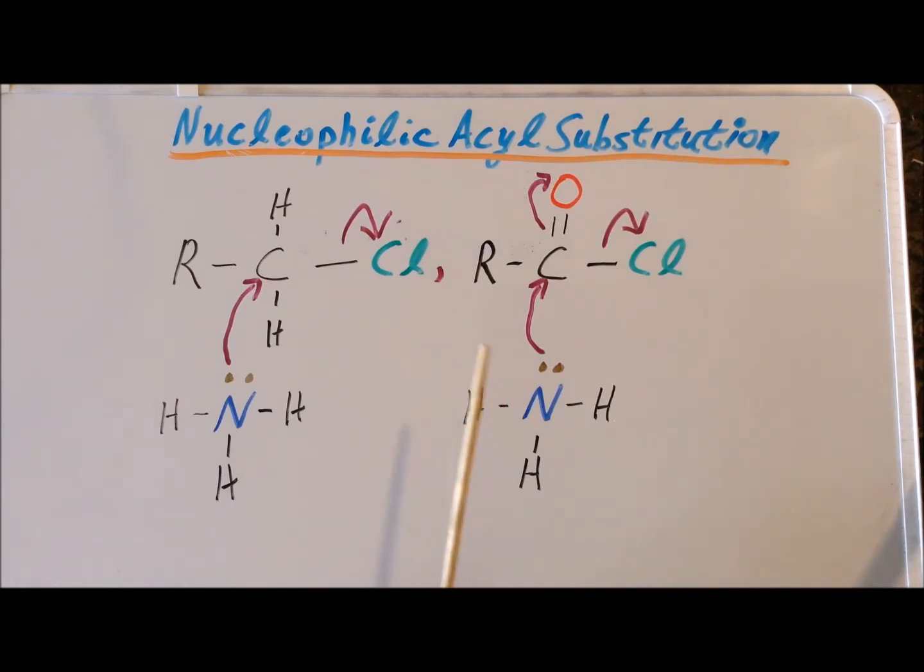And also we see that here we have 2 electron withdrawing groups, making the carbon even more electron deficient, and therefore more susceptible to nucleophilic attack than in the chloroalkane, where we only have 1 electron withdrawing group.